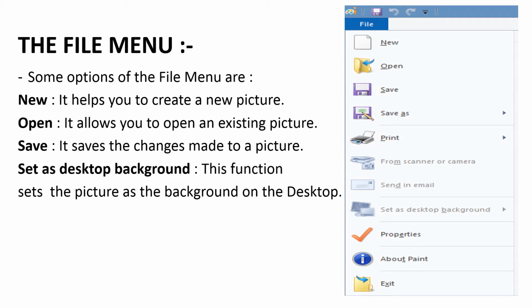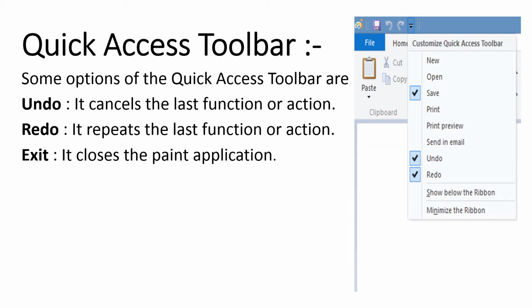Okay, next option is quick access toolbar. Some of the options of the quick access toolbar are, now quick access toolbar is present at the top of the screen, okay. Whichever functions you are using more frequently, okay, that functions you can customize, you can locate it at this quick access toolbar to easily access any of the option, okay.